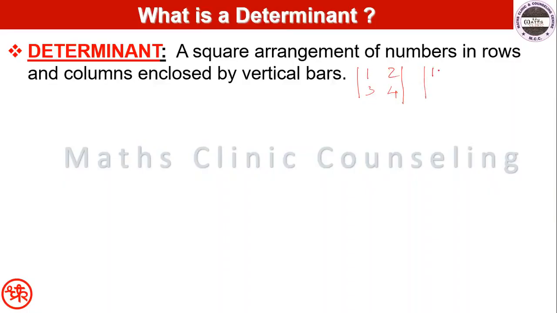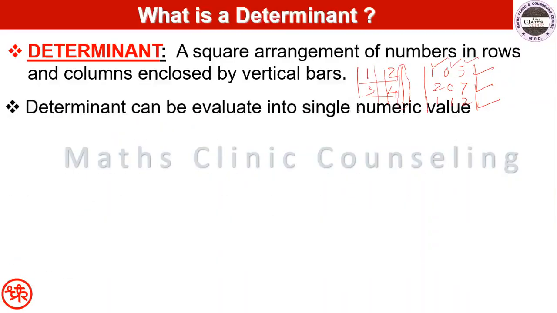Another: 105, 207, 112. Here 2 rows are there and 2 columns are there. Here 3 rows are there, 1, 2, 3, and 3 columns, 1, 2, 3. And there was a square arrangement enclosed by the vertical bars. Is that clear?